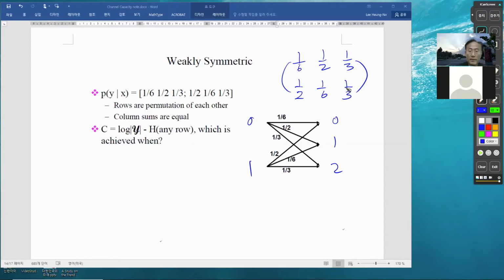Notice that the rows are permutations of each other, so the distributions for a given input are the same.